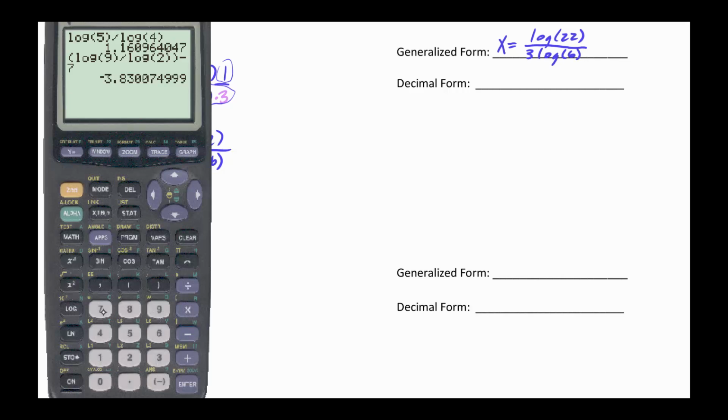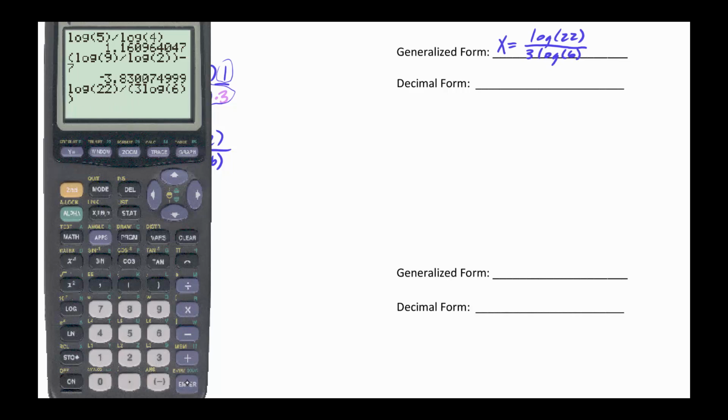So on my calculator, I need log of 22 divided by, and I need to trap everything down here since there's multiple pieces, or else it will just divide by 3. It takes the first thing. Your calculators are pretty dumb. So I have log, and I have a 3. So the piece I still need, log base 6. And I got to have another set of parentheses since there's 1, 2 left-handed parentheses.